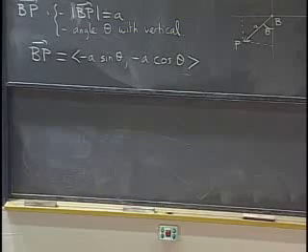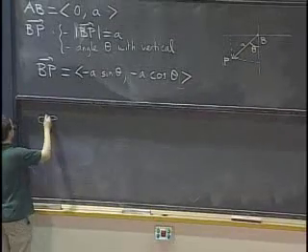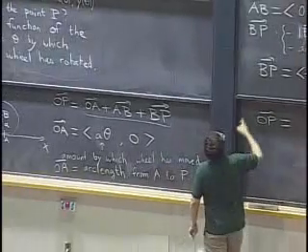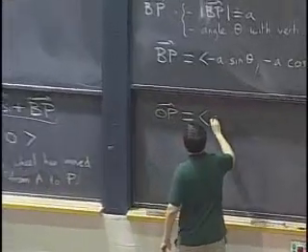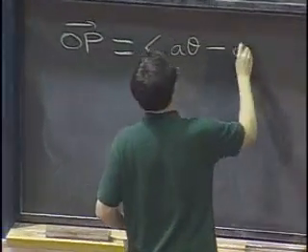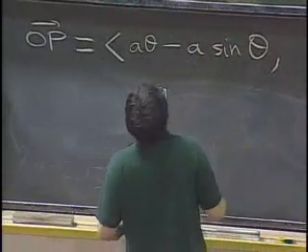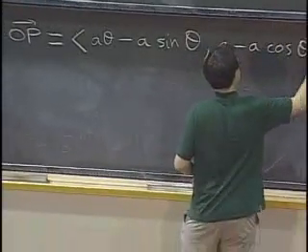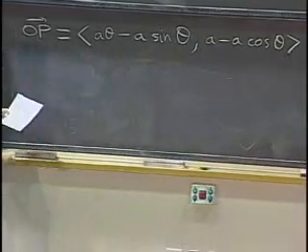So now we can answer the initial question, because vector OP, well, we'll just add up OA, AB, and BP. So the x component will be A theta minus A sine theta, and the y component is A minus A cosine theta. Okay.